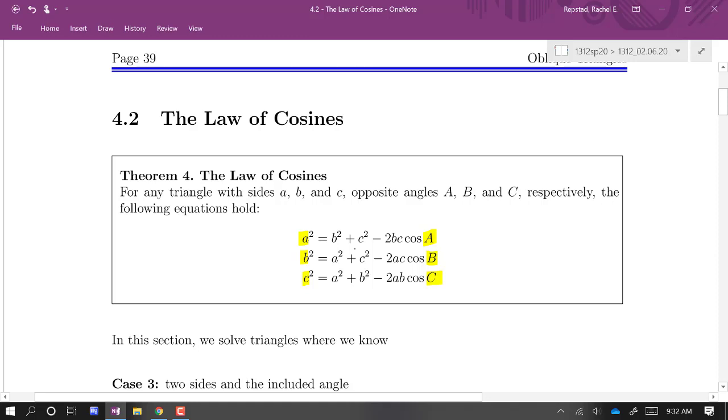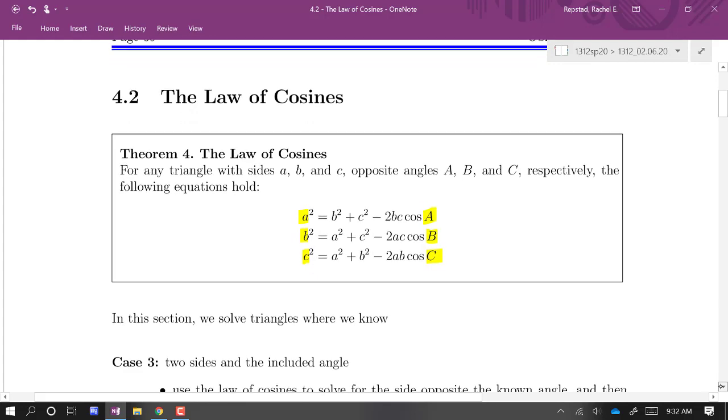So the first equation, we have a squared, right? So there's our a side. The other side only uses sides b and c. So b squared plus c squared, and then minus 2bc cosine A. You don't have to memorize this equation, but what I do is I give you one version of it, and then you have to be able to reproduce it, make an adjustment if you're trying to get it for the other angles. Okay.